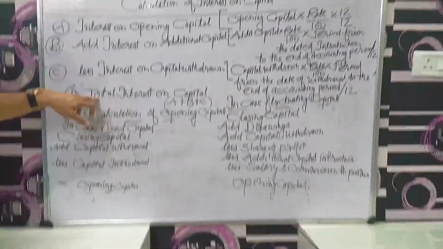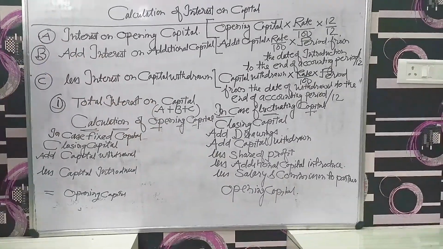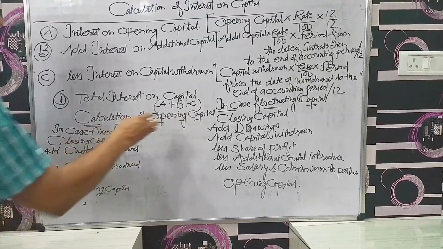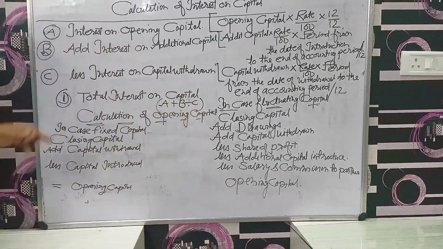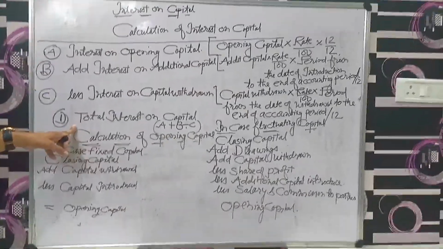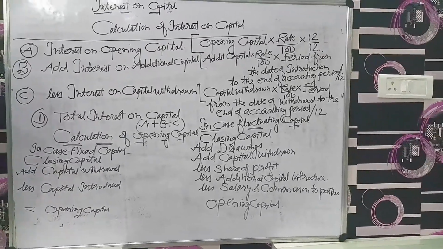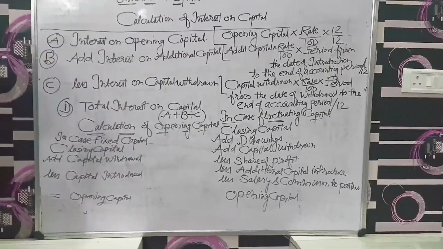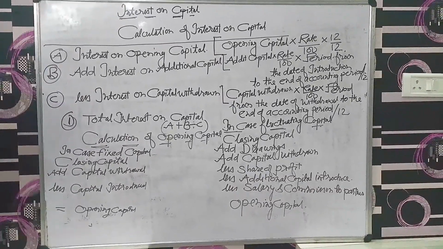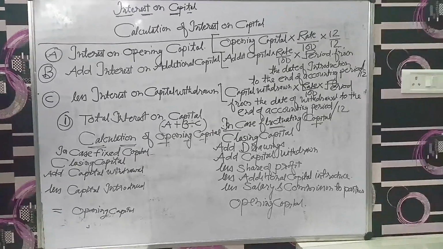Then the total interest on capital is A plus B minus C. A plus B minus C, you will get the total interest on capital. It's the simplest presentation, which is not given in the textbook. So you have to go through that to avoid problems in the calculations and get the perfect answer.